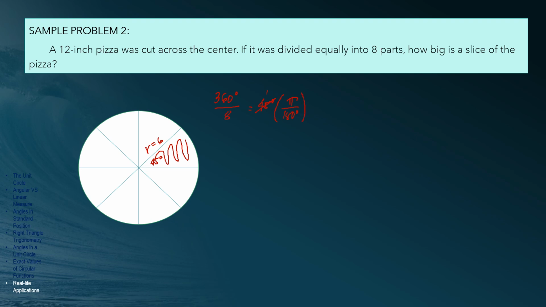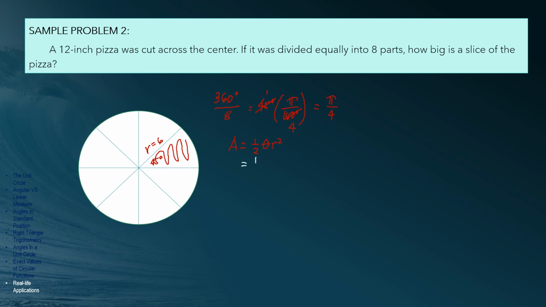Then 180 divided by 45, you will have 4. So that means theta would be equal to pi over 4. Again, for the area of the sector, we will have 1/2 theta r squared. And remember that theta is in the radian measure.